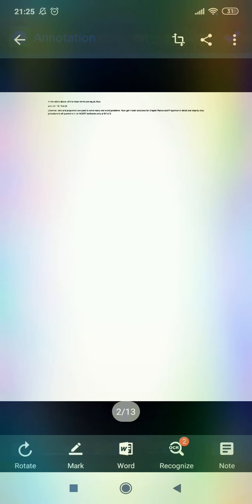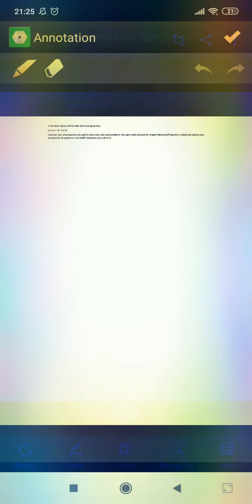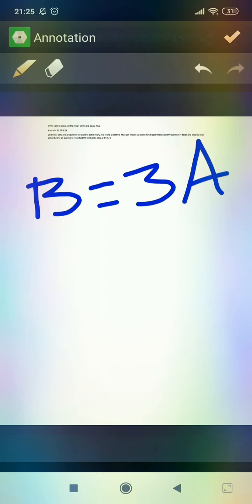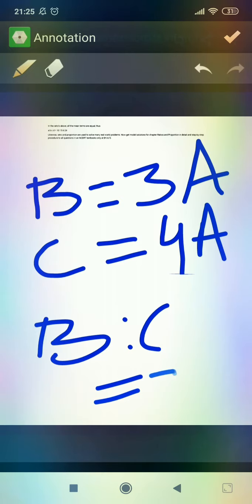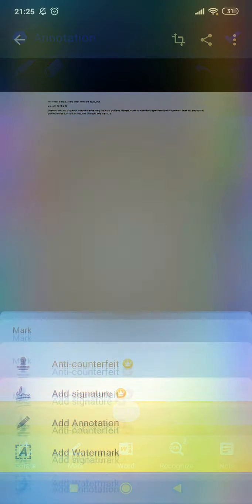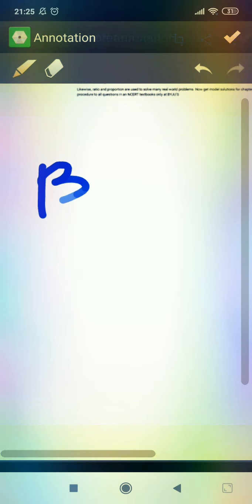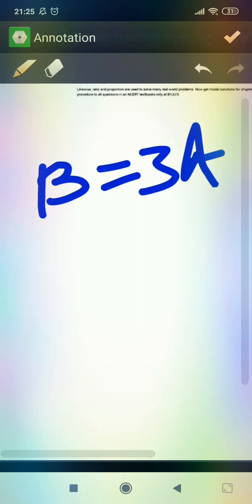Now we will go for some examples. Suppose B is equivalent to 3 times A, and C is equivalent to 4 times A. Suppose they asked the B is to C ratio, how much will you get? 3 is to 4. In a similar model, suppose B equal to 3A is given and A equivalent to 4C is given.